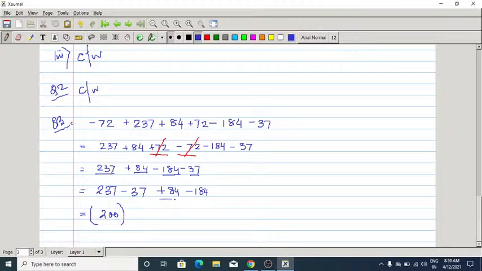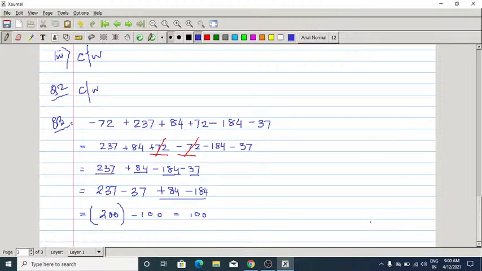And what will happen over here? 184 minus 84 is 100, and since the bigger number is negative, your answer will be minus 100. So 200 minus 100 is 100. See, I found the sum of so many integers orally without doing any rough column.